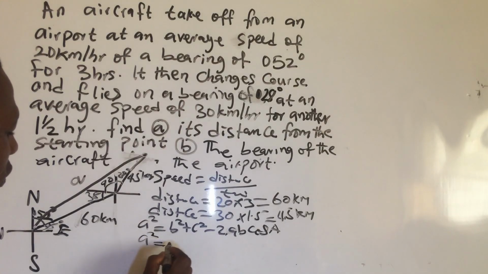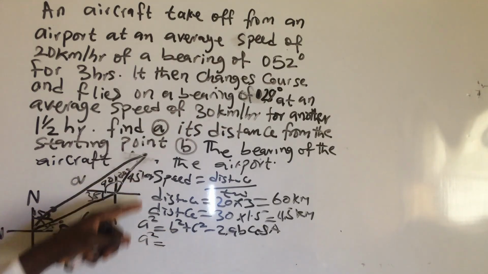Now a square equals b square, which is these two sides, b and c.